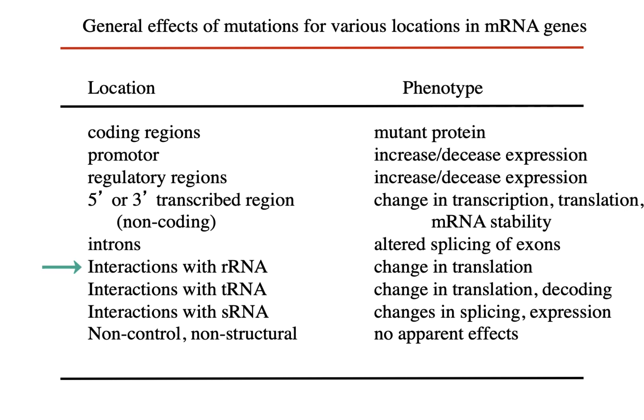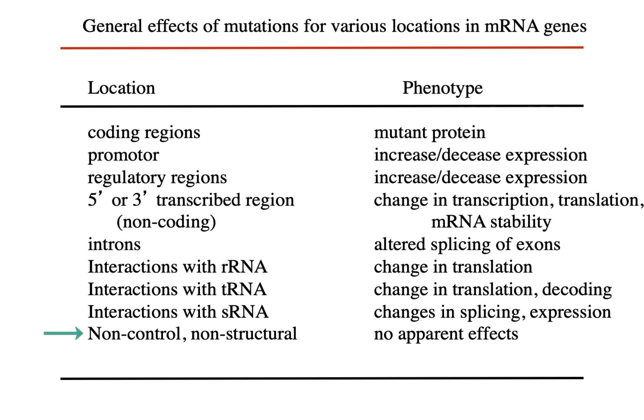Interactions, if the mutations are within regions that interact with the ribosomal RNA, then translation can be altered. Interactions with tRNA, again, translation and decoding can be altered. Interactions with small RNAs also can control whether translation occurs at all for that mRNA. So those can affect anything from changes in splicing to changes in overall expression of that mRNA.